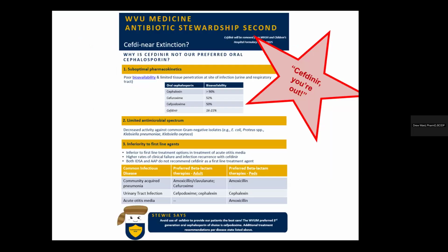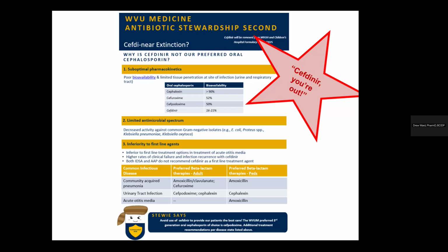One thing I wanted to highlight is here at our institution at WVU Medicine, a health system encompassing hospitals in West Virginia and neighboring states, including Ohio, Maryland, and Pennsylvania. We recently removed Cefdinir from our hospital formulary, due to all of the factors that I mentioned in the previous slides.